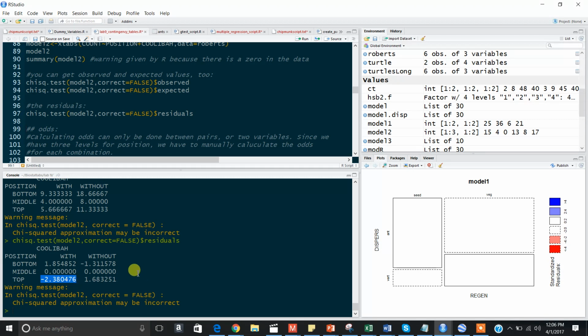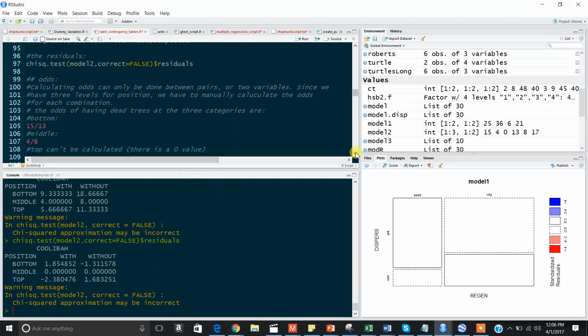So without dieback is greater than expected in the top because we have a positive number, and less than what is expected in the bottom. And this 0 means there's no change between them. Your observed value is the same as your expected, so there's no deviance there.